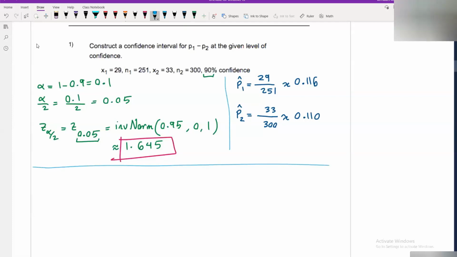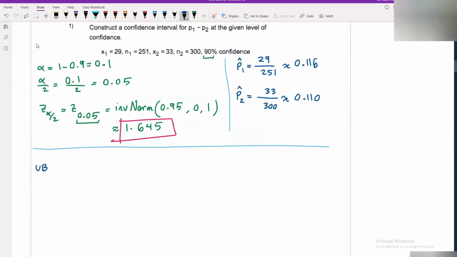Now we have to find the lower bound and upper bound. So make sure to find the difference between these two first, p hat 1 minus p hat 2. Then add and subtract the margin of error.